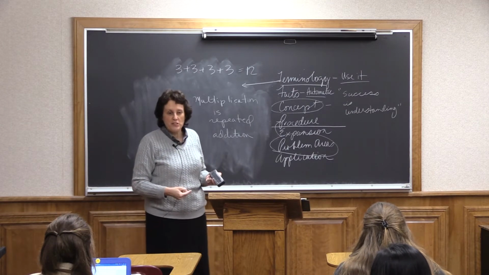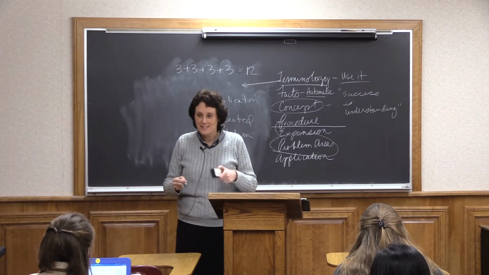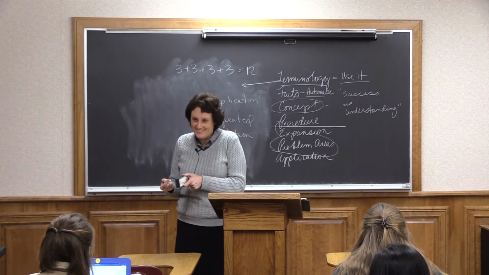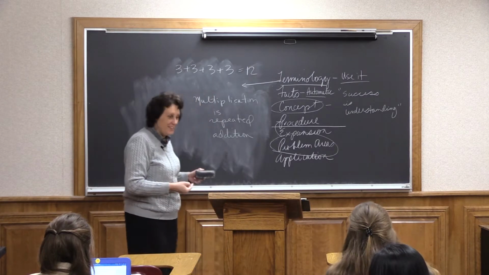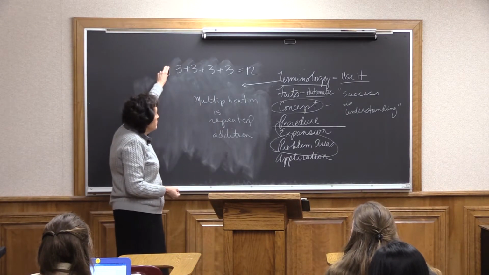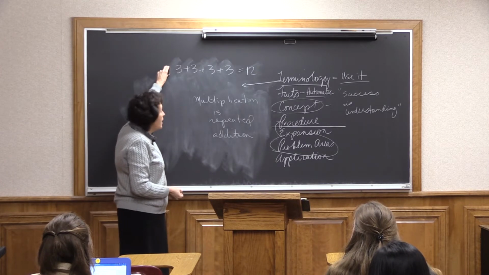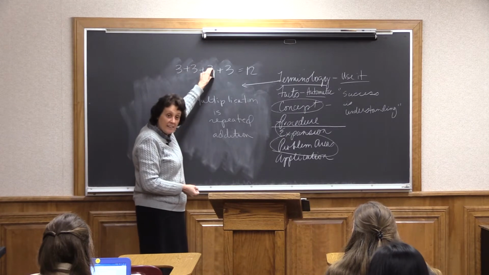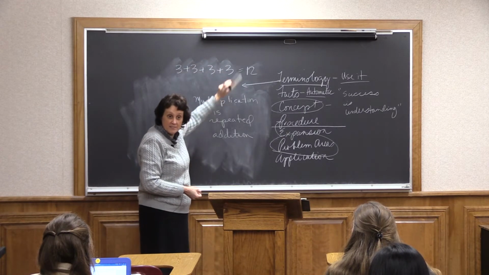And the problem with using 2 is 2 times 2 is the same as 2 plus 2 is the same as 2 squared. So we stay away from 2s when you're using illustrations. But how do we get here? 3, 6, 9, 12.